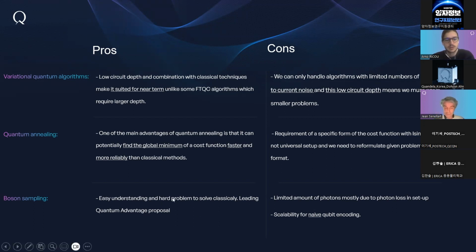And as I was mentioning, it is the leading quantum advantage proposal. What's limiting in this approach is that the number of photons you can get is restricted because we have a lot of photon loss, and we are lowering it as much as possible. And it's not an approach where you can scalably encode qubits using photons.